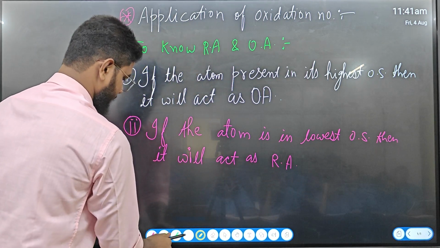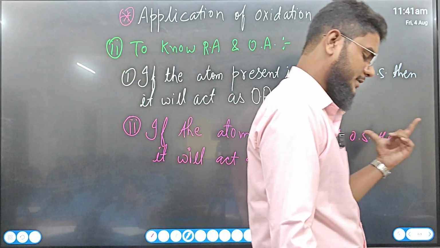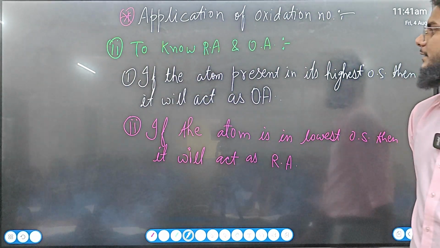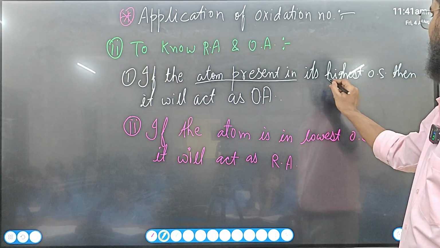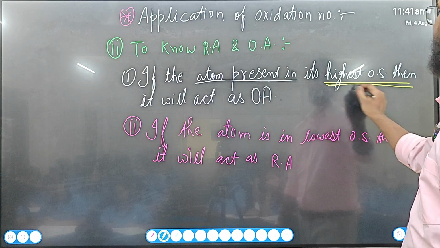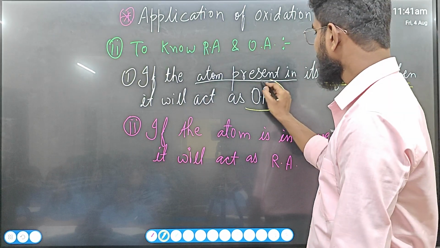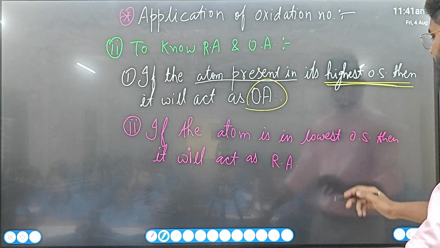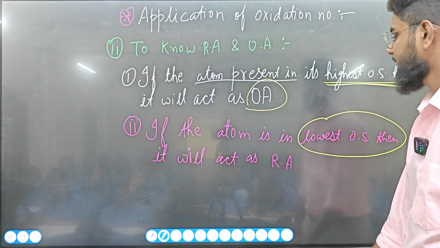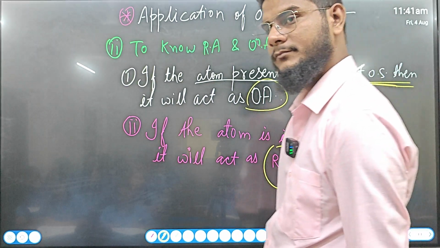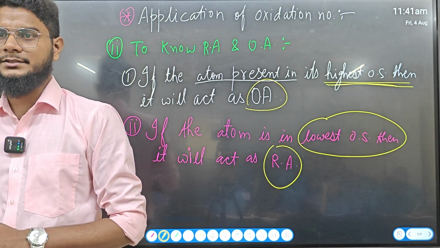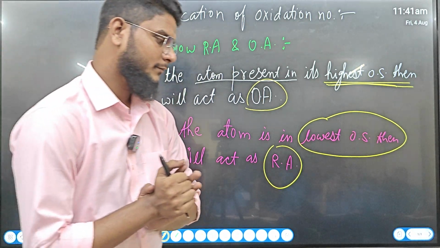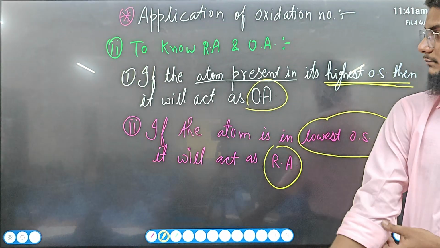Okay, you have two statements. When the atom is present in highest oxidation state, then it will act as an oxidizing agent. When it is in lowest oxidation state, then reducing agent. You know how to find the highest and lowest oxidation state, right? Okay, I'll tell you, don't worry.